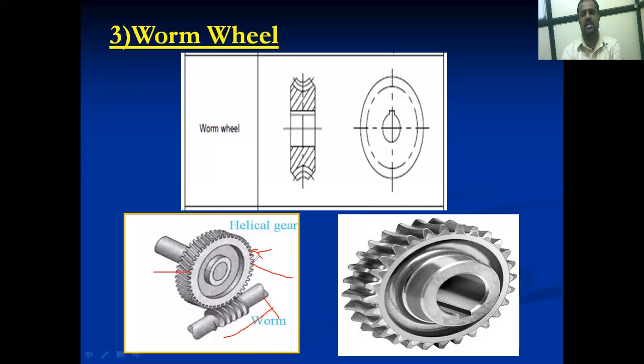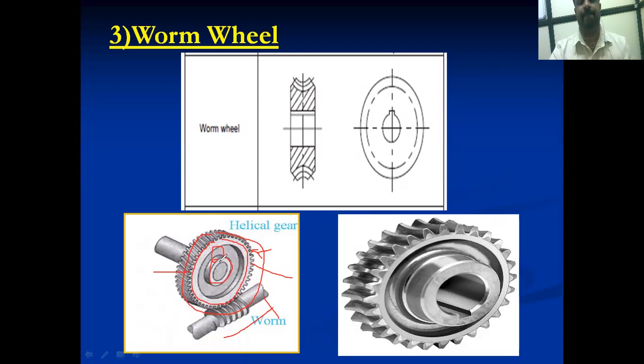Again, it is very simple and similar. First of all, we have to draw one dark circle. The dark circle indicates the topmost portion of our teeth. Then we have to draw the dotted circle, which indicates the pitch circle of that gear. And then we have to draw this portion for the location of the shaft.